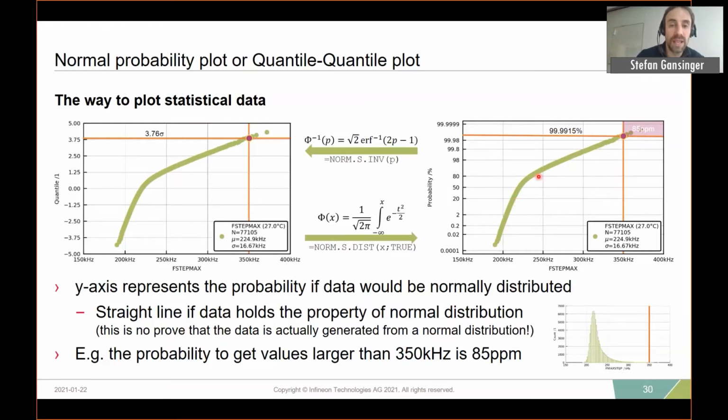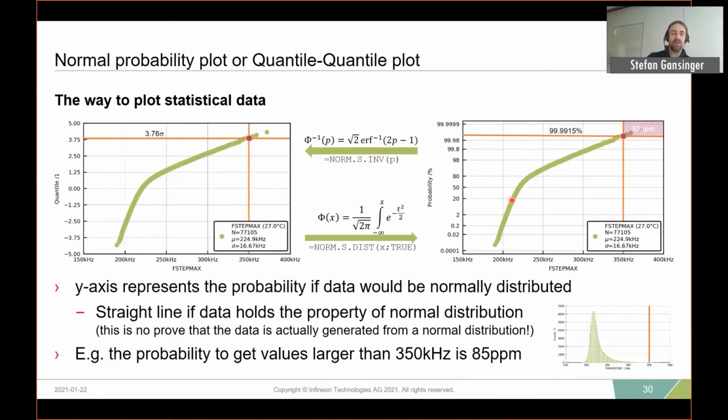If this were the case, we would see a straight line. If not, the assumption was wrong, so to say, and we see some bending. And this bending is typically an indicator that our circuit has some operating modes which we do not want to have. So we see this here quite nicely.